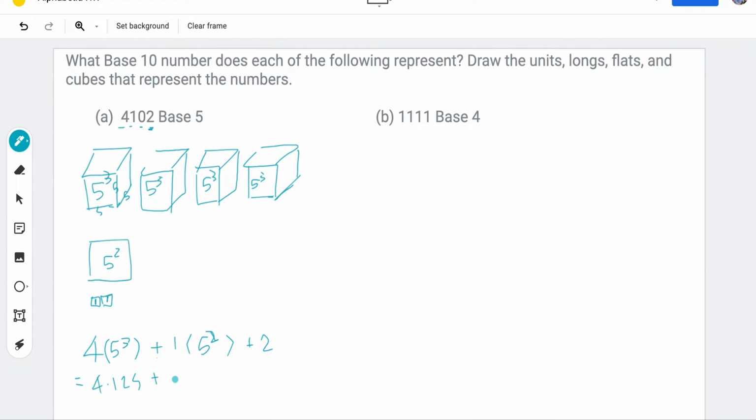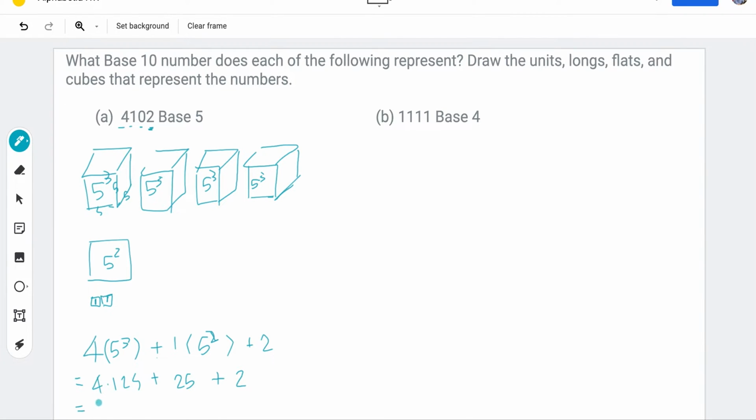So 1 times 25, or just write 25, because we know using the identity property of multiplication, 1 times 5 squared is 5 squared, right? Plus 2.